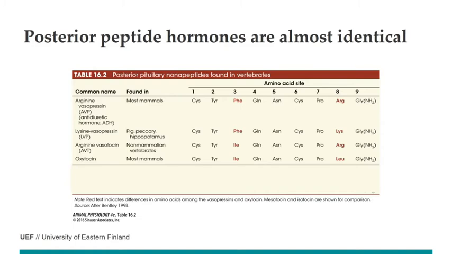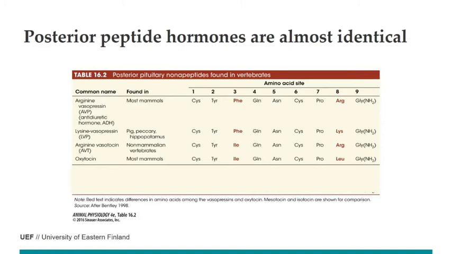On the third position there's isoleucine, and on the eighth position there's arginine. So it seems that that is the common ancestor for these two hormones in mammals. But among the mammals there also exists some variation, like in the pig, where position 8 has lysine. So there can be some variation causing some differences in the structure.